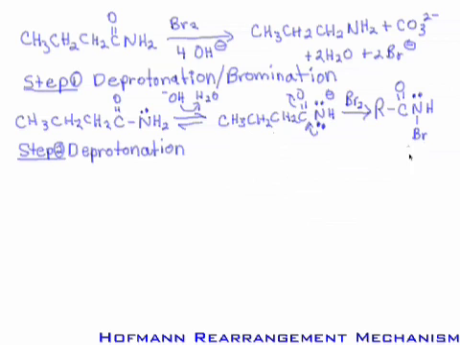I'll put the plus bromide up here. So there's one of the bromides that is formed. So here is the C double bond O, and H, Br.